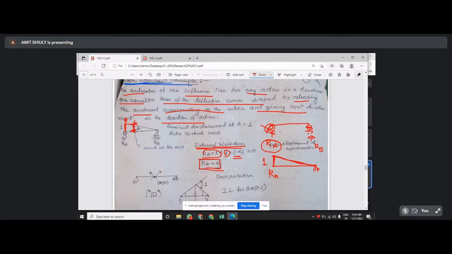So for this beam, the deflection is downward direction. So external work done is RA into 1 plus, the deflection must be in the opposite direction, so 1 into minus x. So this will be RA into x.